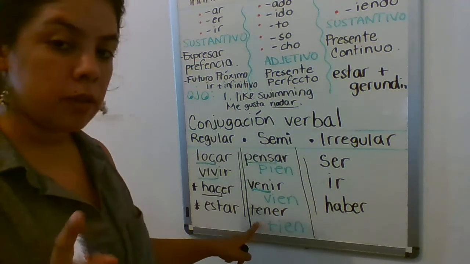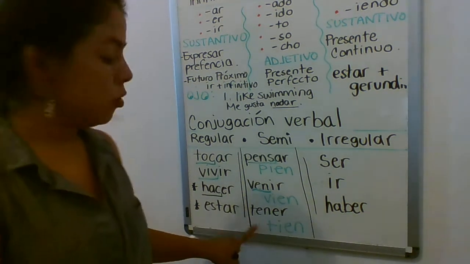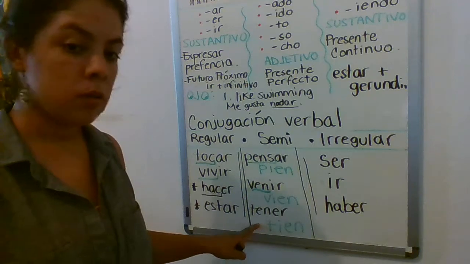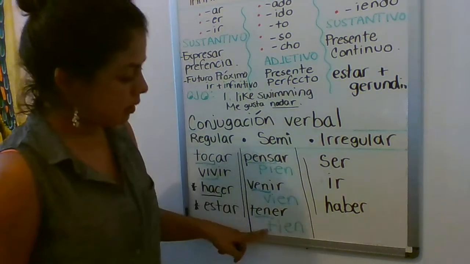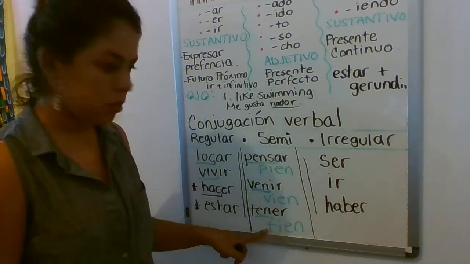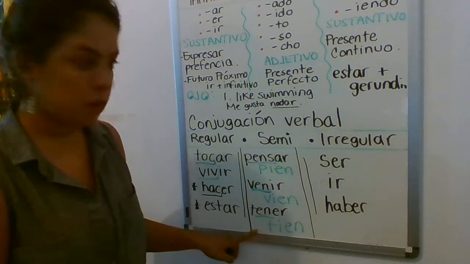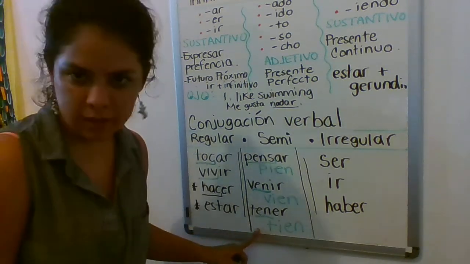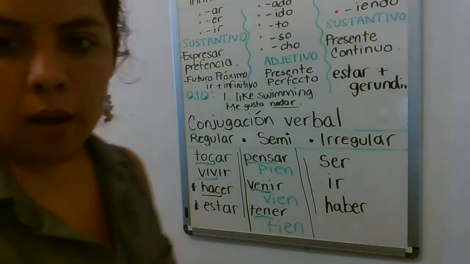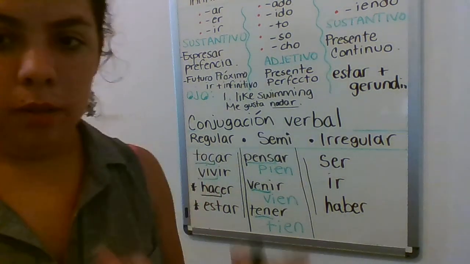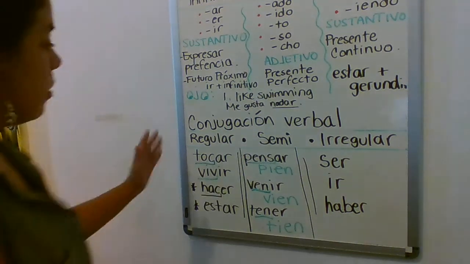The first person, irregular, and the stem change. Yo tengo. Tú tienes. Él tiene. Nosotros tenemos. Ustedes tienen. Ellos tienen.